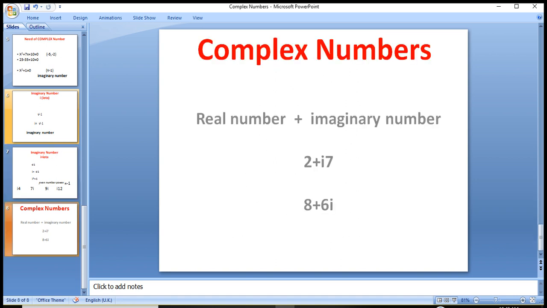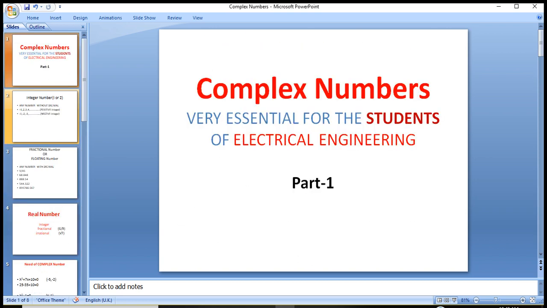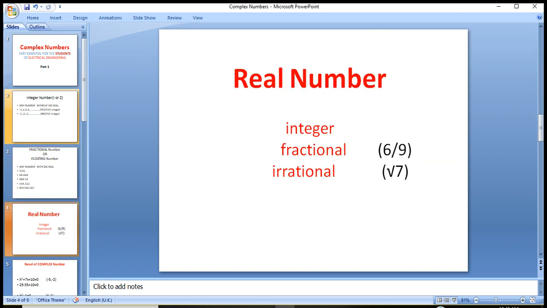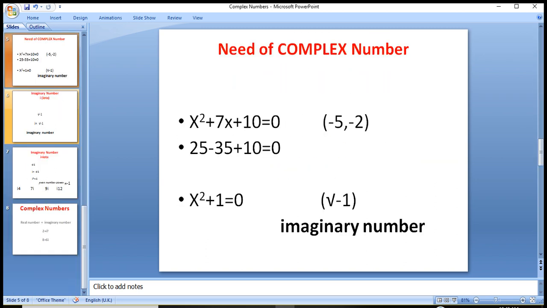It is very essential for the students of electrical engineering, and it is used to find the solution of complex quadratic equations. In complex quadratic equations, imaginary numbers are used because they give us the roots of such equations.